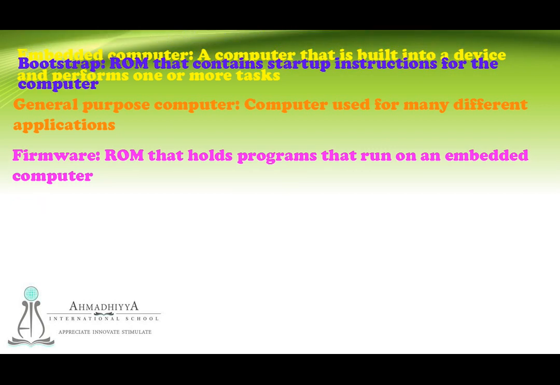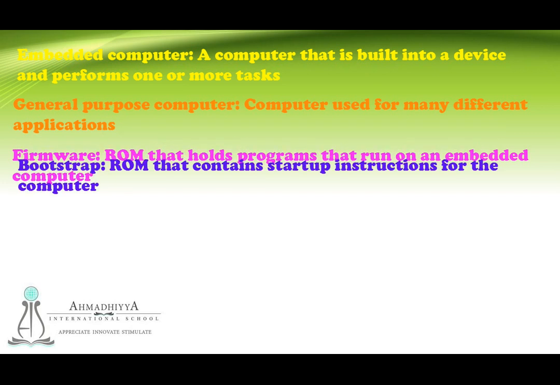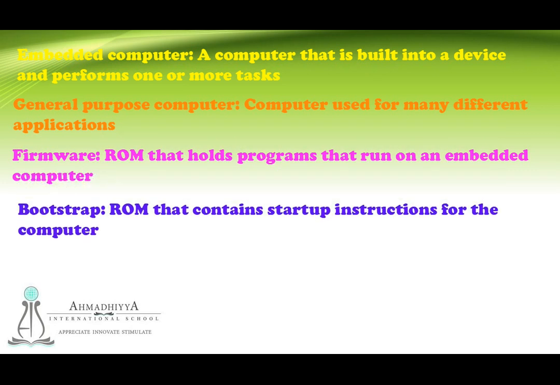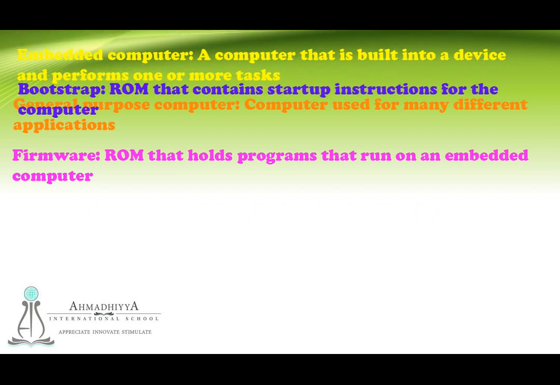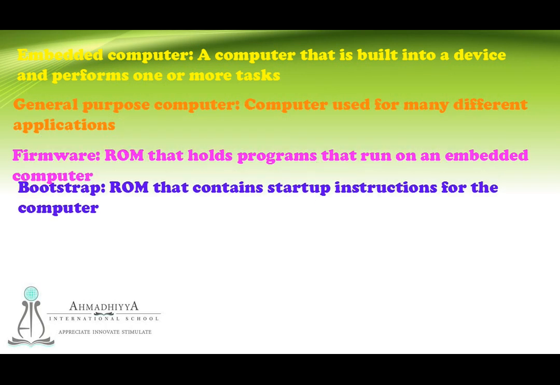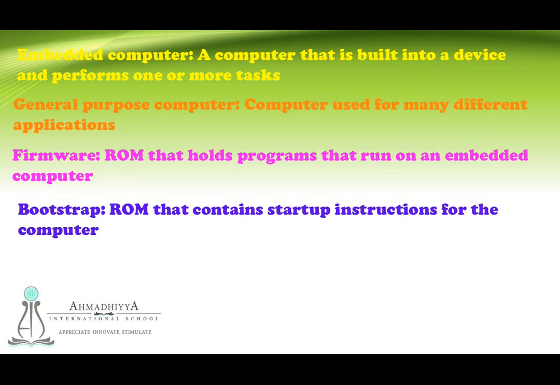Next, let us see what is meant by firmware and bootstrap. Embedded devices use ROM to hold the software that runs the device. This software is known as firmware. But general purpose devices, for example PCs or laptop computers, use ROM to hold the software that we call the bootstrap.